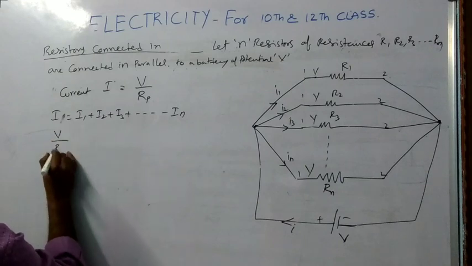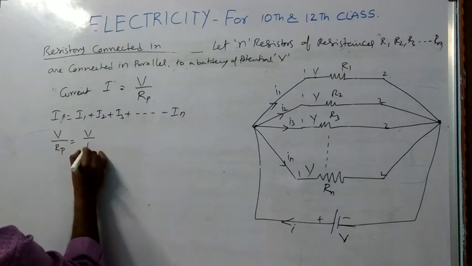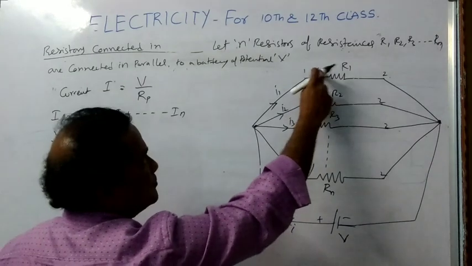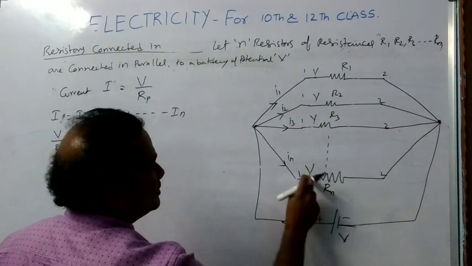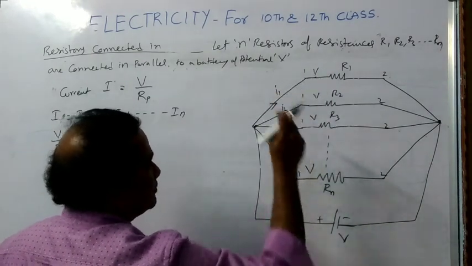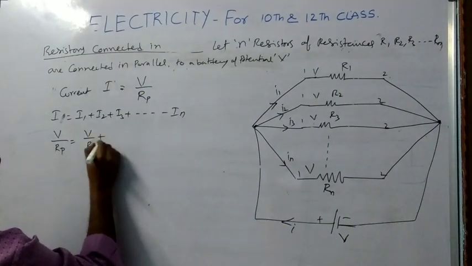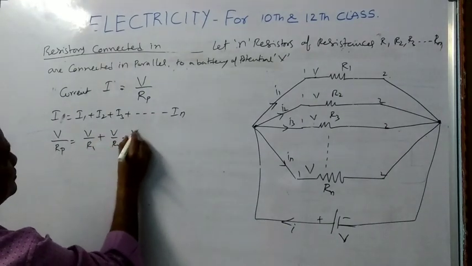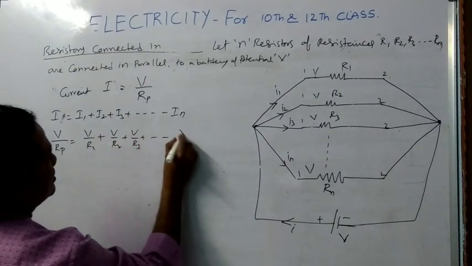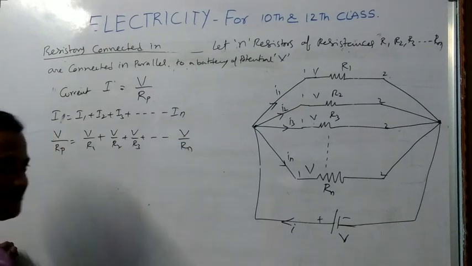V by Rp is equal to V by R1 plus V by R2 plus V by R3 plus dash dash dash plus V by Rn.